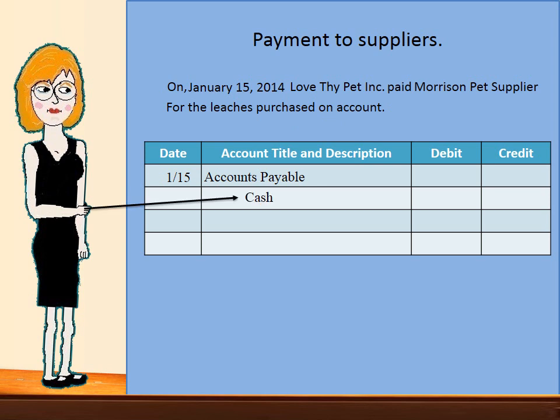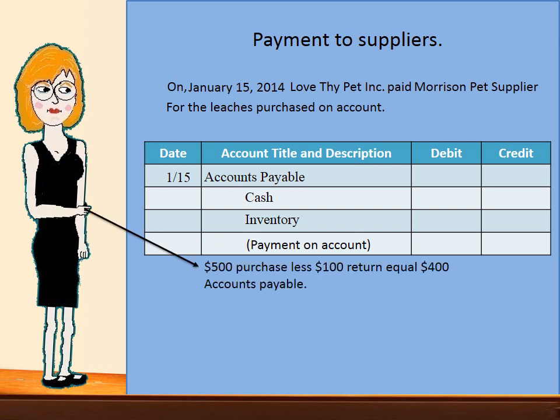We will credit cash for the amount paid, but we will also credit inventory for any discounts earned. Discounts on merchandise that we have purchased reduce the cost of the inventory. And then we will do an explanation of payment on account.